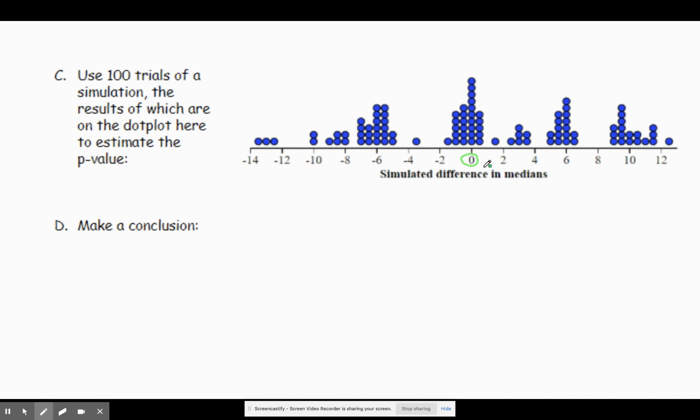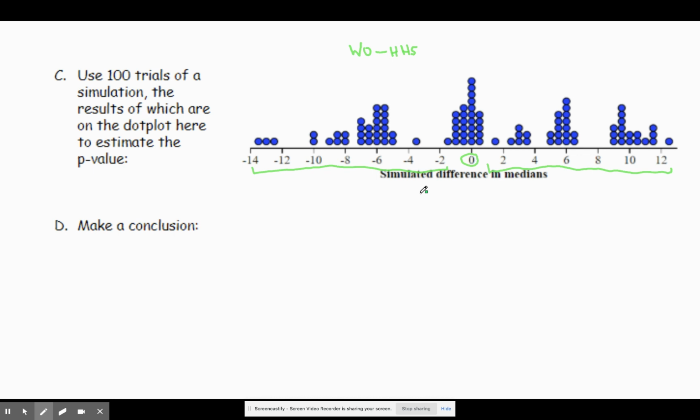A lot of these differences were positive, and because the order we were subtracting in is West Ottawa minus Holland High School, if we come up with a positive difference, that means that West Ottawa scored more points in those games, or more points on average, right? So those are all of those situations right there. On the other side of the dot plot are the simulations where we ended up with a negative difference in medians. And negative means that Holland High scored more on average. So we had quite a few situations where that occurred as well.